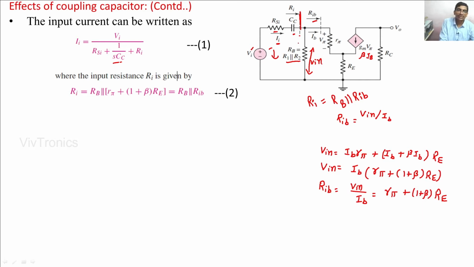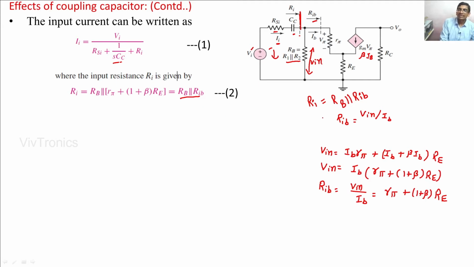Okay, so here you can say the input resistance Ri is the resistance of this entire amplifier circuit, including the biasing circuit, where Ri is given by Rb parallel with R pi plus 1 plus beta times Re, that is nothing but Rb in parallel with Rib. Which means that Rb, which is the parallel combination of R1 parallel R2, is in parallel with the input resistance of our amplifier excluding the biasing resistor.